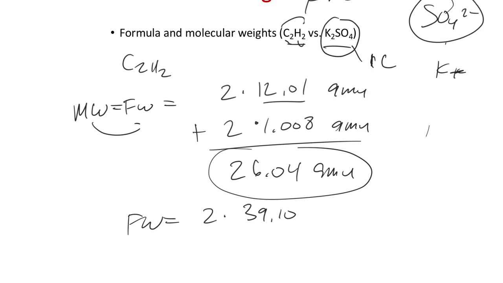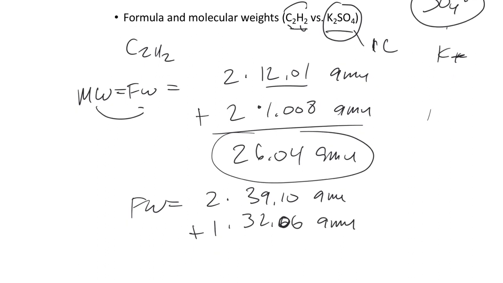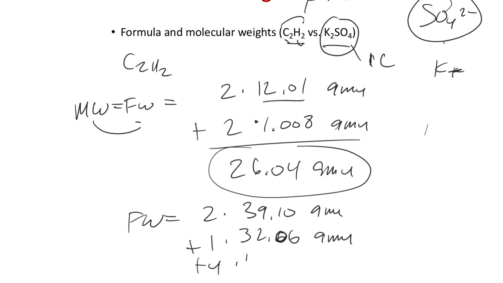But the atomic mass unit is just like the average mass of the atom on that atomic mass unit scale. So 39.1 AMU for potassium, 1 times 32.06 for sulfur, and then plus 4 times 16.00 for oxygen.